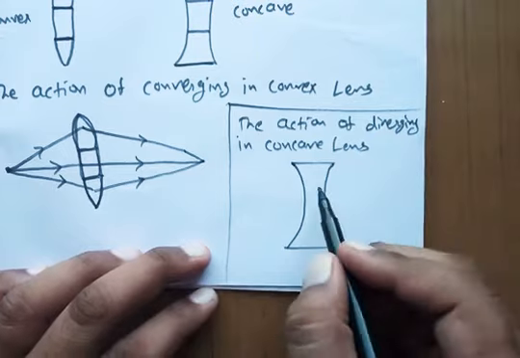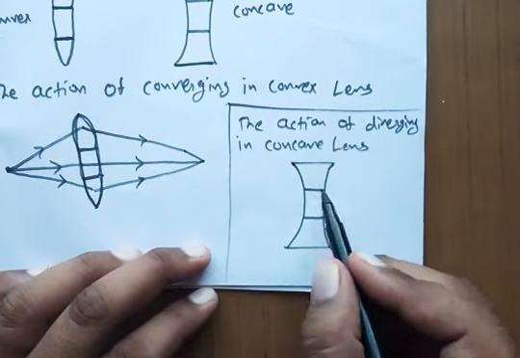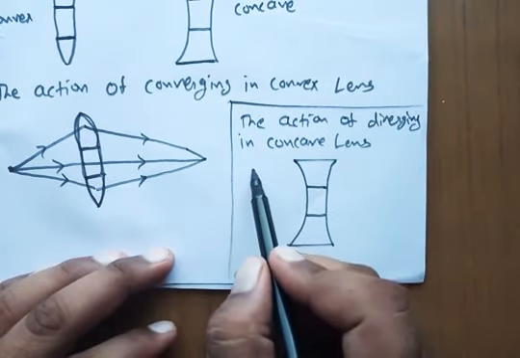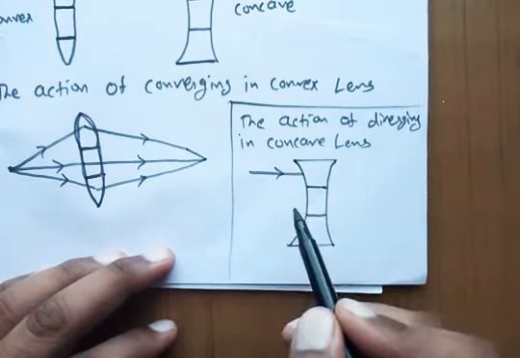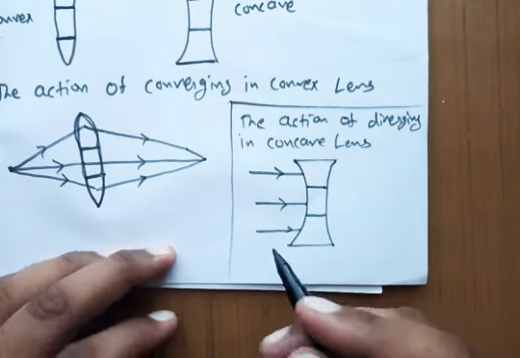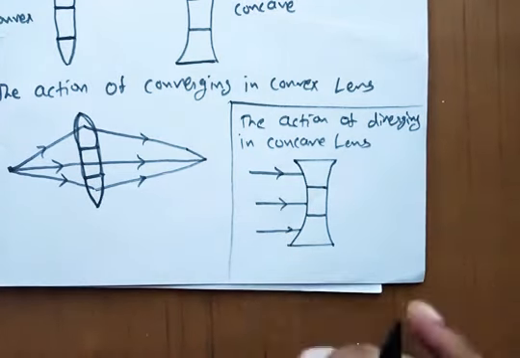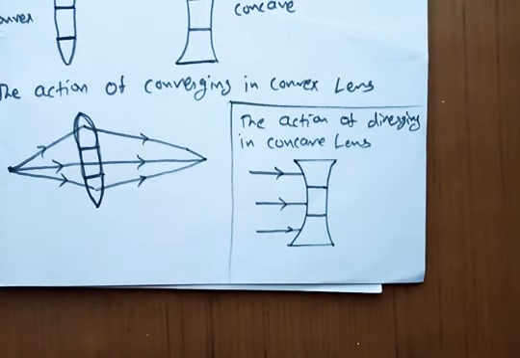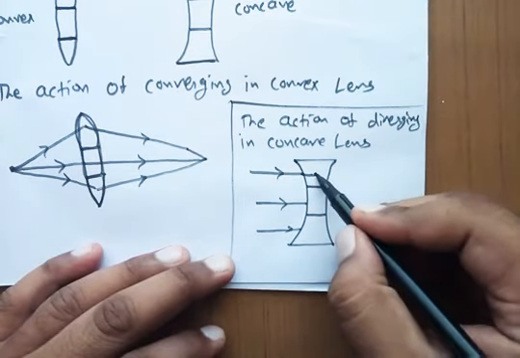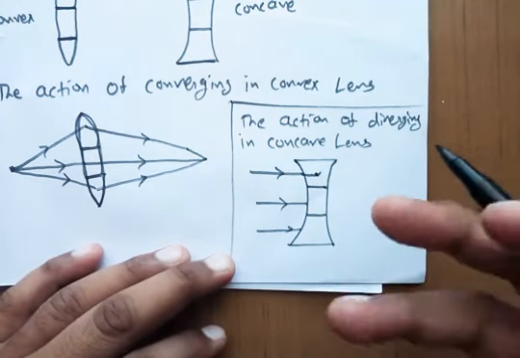I divided the concave lens into small portions, so it has 3 parts. Now if a light ray is incident like this normally to the surface, then what happens? If they are from infinity, this incident light is parallel to each other. That is always possible whenever light rays come from infinity. Okay, no need to worry about that. Clear?